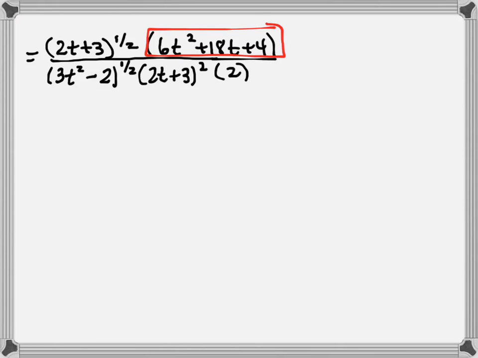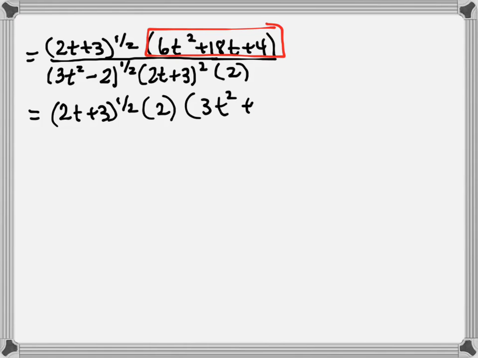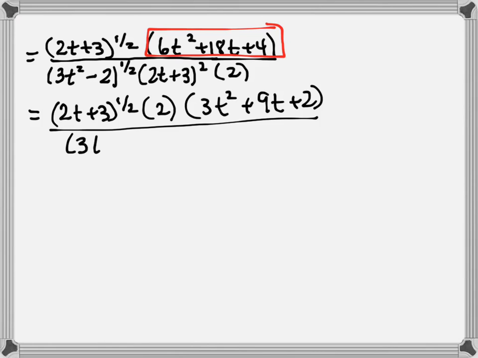So I'm going to factor a 2 out of that numerator. Now there's a 2 on top and a 2 on bottom, right? Does everybody see the 2 on the top and the 2 on the bottom?